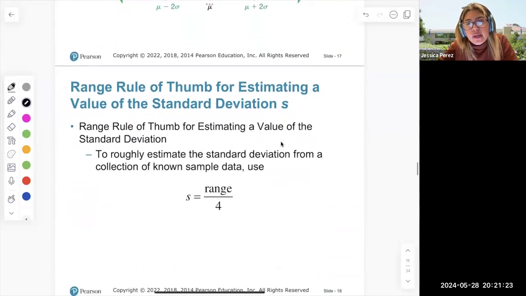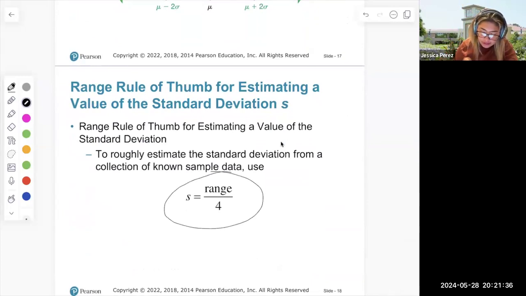We also have a range rule of thumb for estimating a value of standard deviation S. To roughly estimate a standard deviation from a collection of known sample data, we can also use this. This is more estimation, a rough estimate: your range, which is your max value minus the min value, divided by 4.